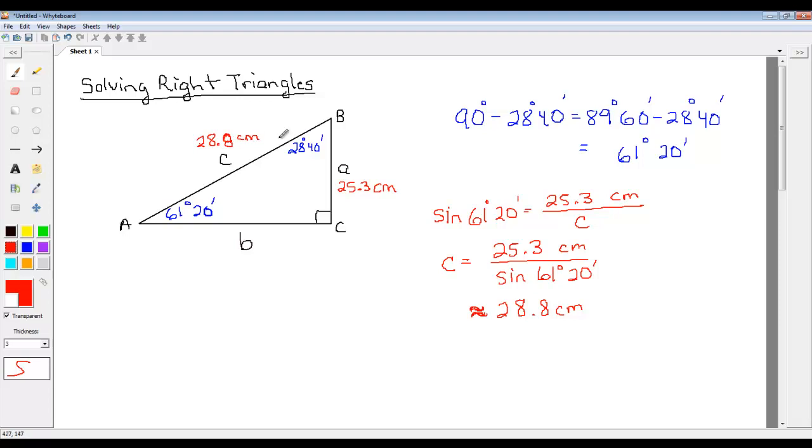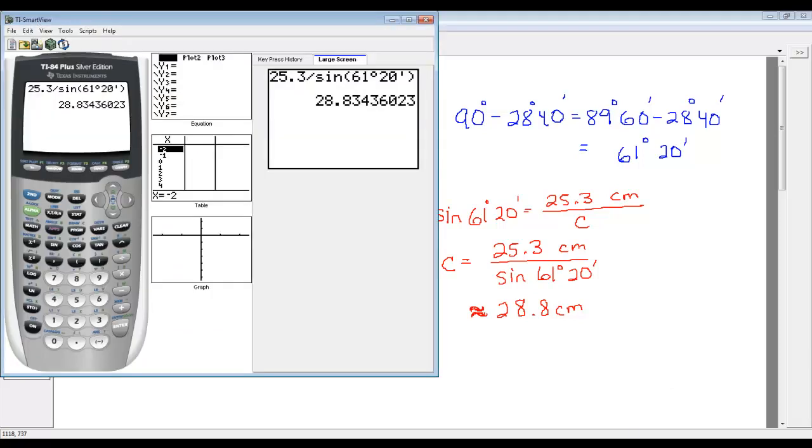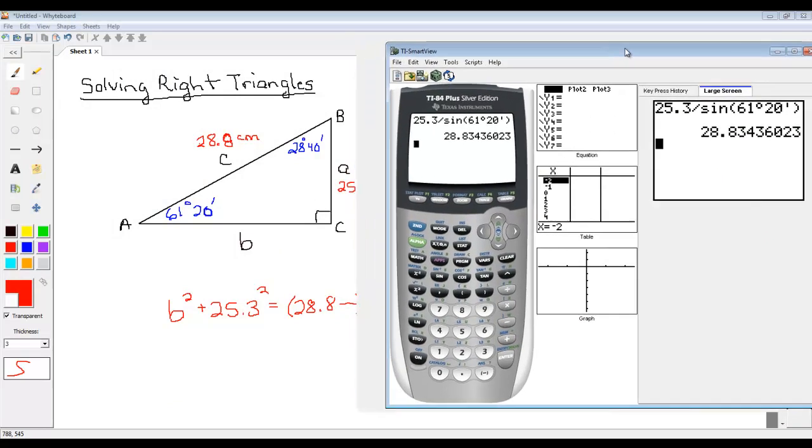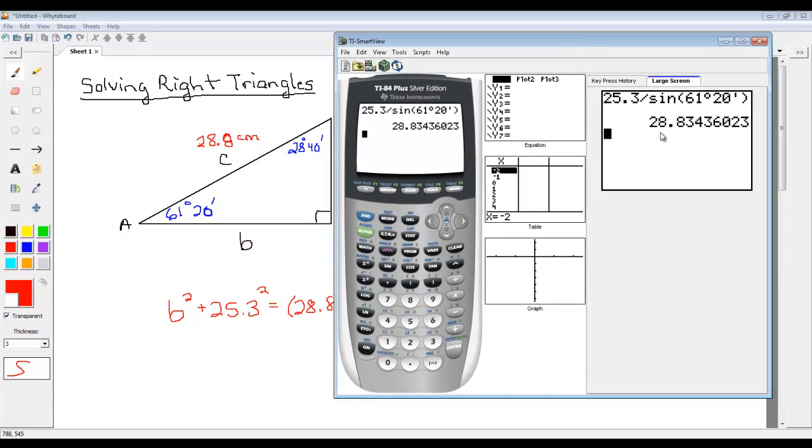Now if you want to, you can use your trig ratios again, or since this is a right triangle, you can use the Pythagorean theorem. I know that b squared plus 25.3 squared has to equal that 28.8 whatever it was, squared. I could pull up my calculator again, and without erasing anything, I can square this result.